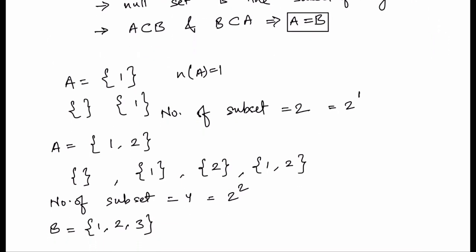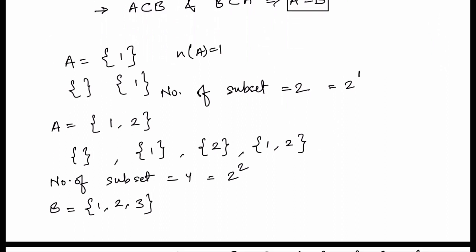Now I have taken good examples to find out how many subsets we can form if the number of elements is known to you. In the first example, the number of elements is 1 and I got the number of subsets as 2.